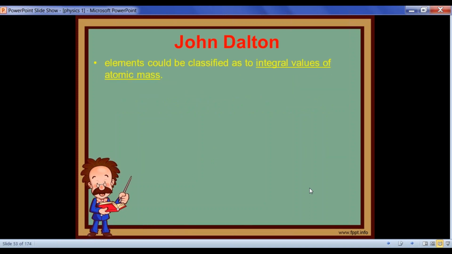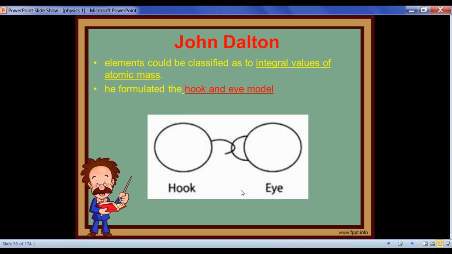Elements, according to him, can be classified as integral values of the atomic mass. Dalton basically formulated the hook and eye model. This is how the hook and eye model looks like. According to Dalton, ang itsura ng ating atom is like a hook and eye.